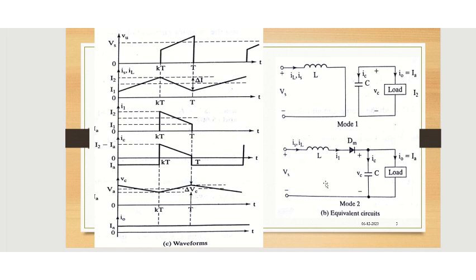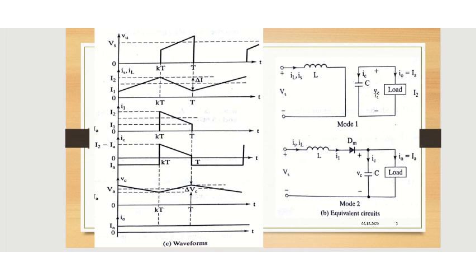When the device is turned on, you can see there is no connectivity between the first circuit, the initial circuit, and the last circuit that is across the load.